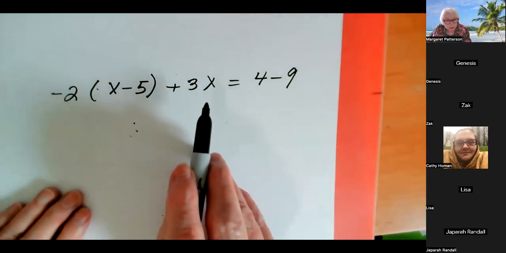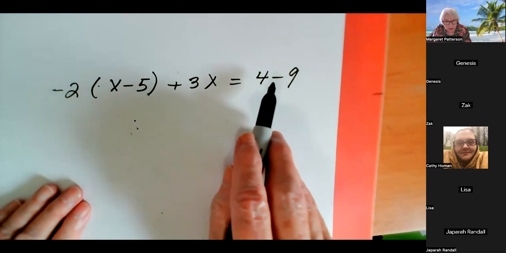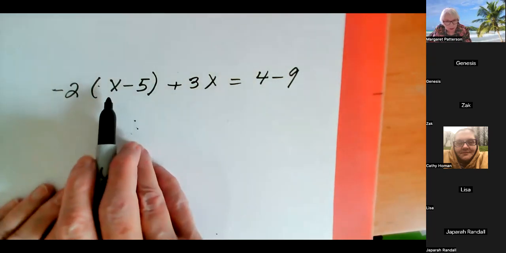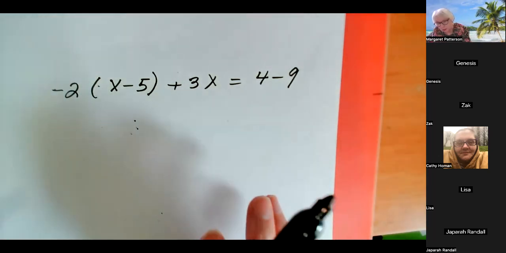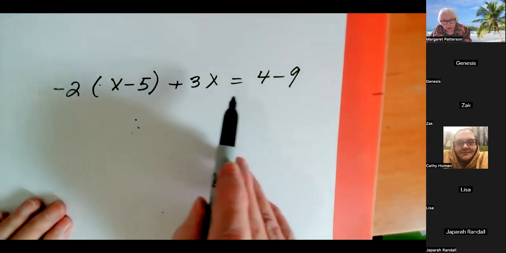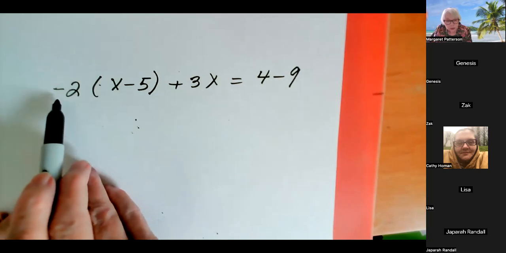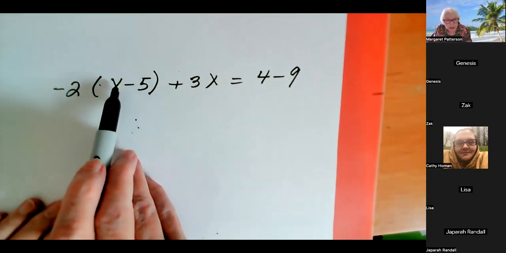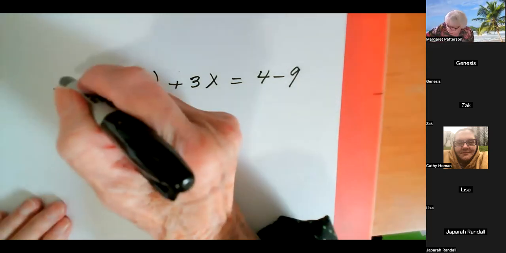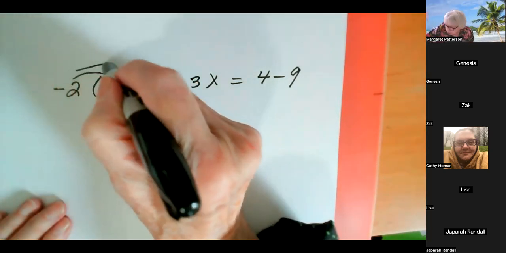You can do either side first, it doesn't matter. This one is a little bit easier than this side, but you don't move on until both sides are good to go. And so this one here, the -2 needs to be distributed to the x and the -5. And so I'm going to do that.